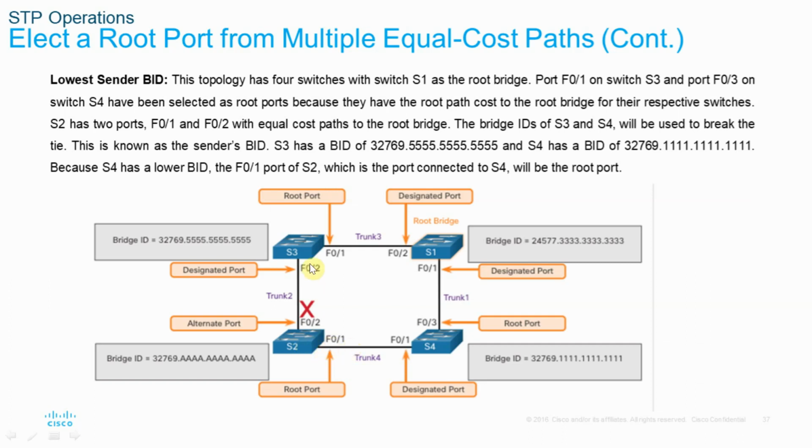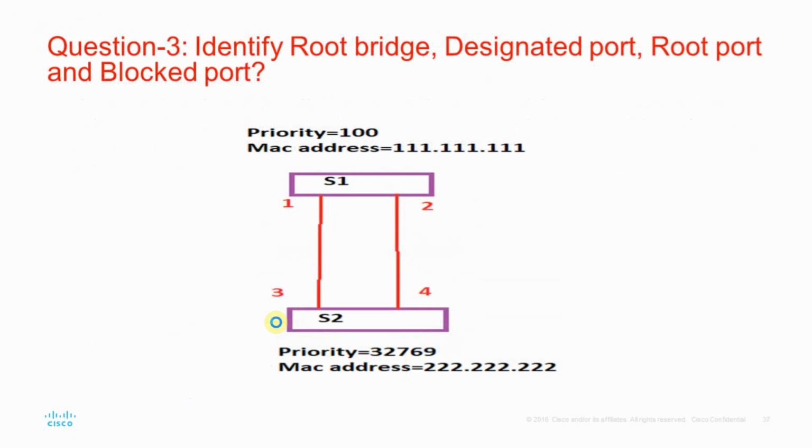How do you choose one as the alternate and one as designated? Compare S3 and S2. S3 has MAC address FFF and S2 has AA. Comparing F and A, A is lower. So choose this as designated. The other one is blocked.